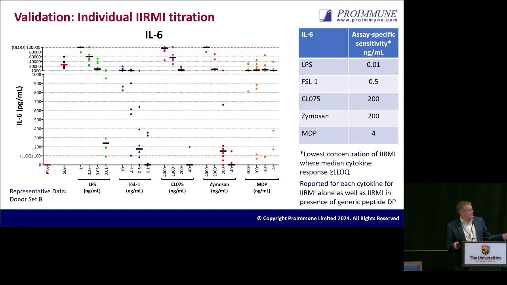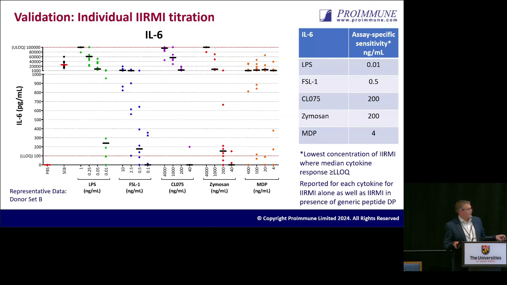You can see here this nice titration effect going down. You can see that not necessarily all ERMIs have a titration effect in all cytokines. So here, for example, MDP, you can see that this actually doesn't titrate because you're having to use the same concentration of ERMIs, the same titration range in the single incubations, which are then measuring all the different cytokines.